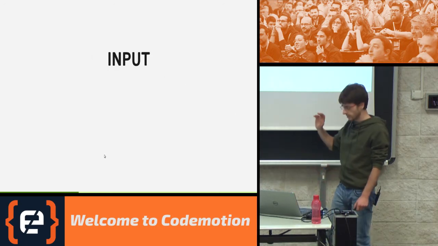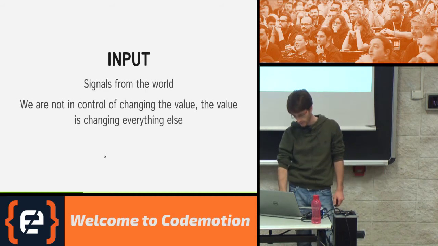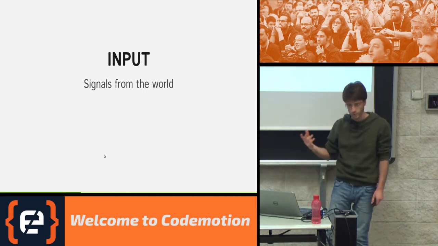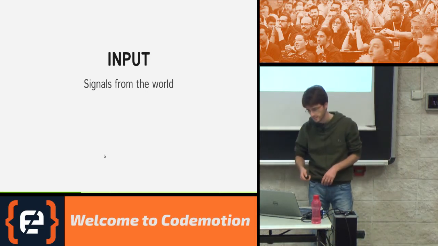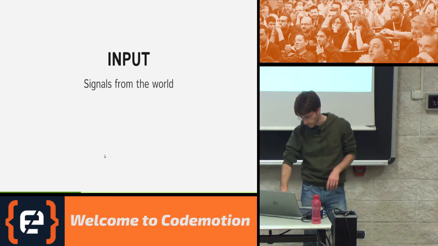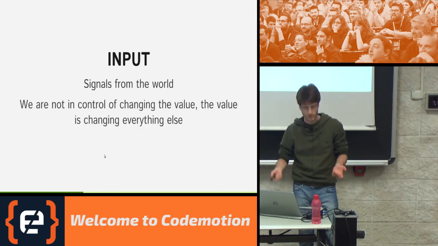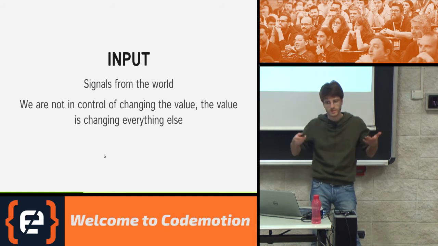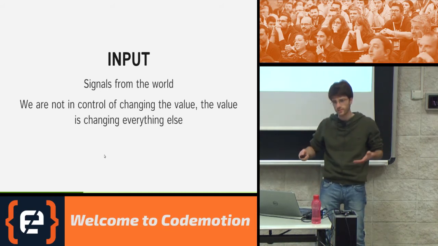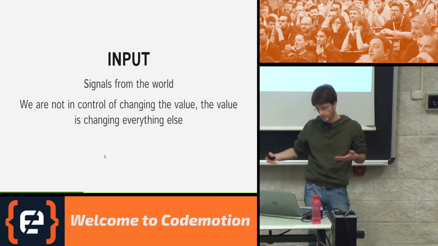So inputs, as we said, are just signals from the world. So mouse position, keyboard presses, things like that. And the important thing is that we are not in control of changing these values; it's the value itself that is changing by itself and propagating through the application.